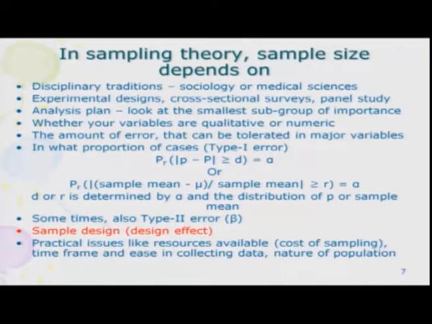Experimental designs, cross sectional surveys, panel study, what kind of study you are doing, it depends on that. Analysis plan, and whether you need generalizations for the entire population or you need generalizations for specific subgroups of population, that is also important.